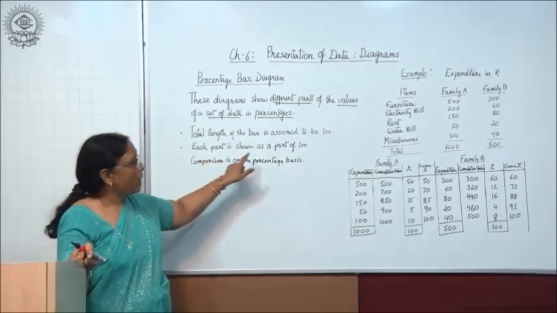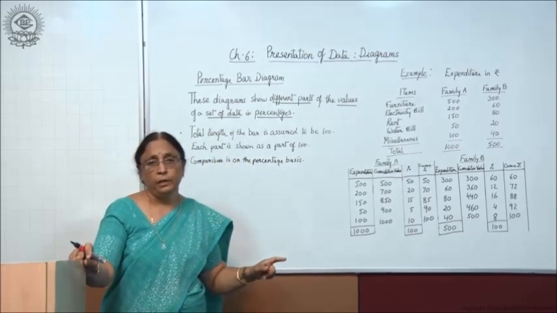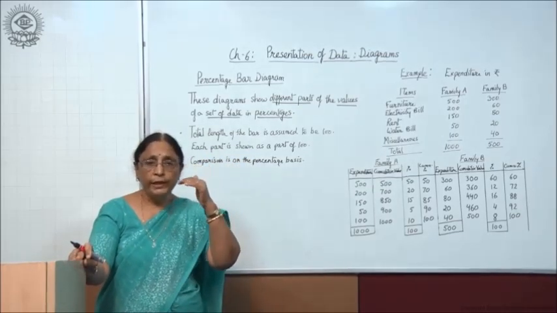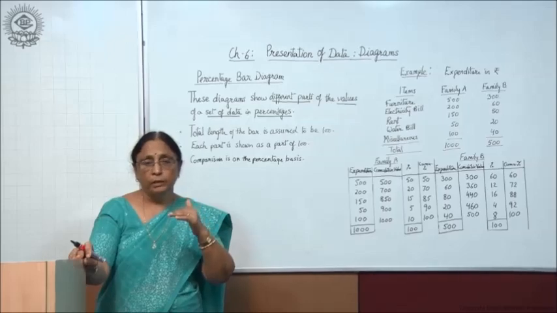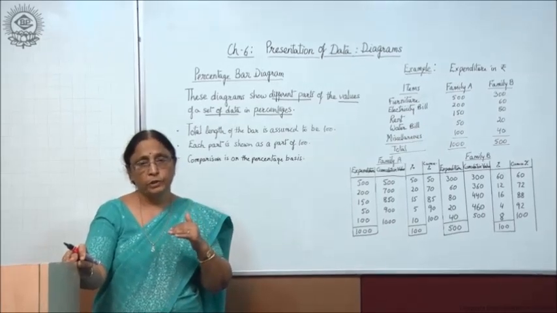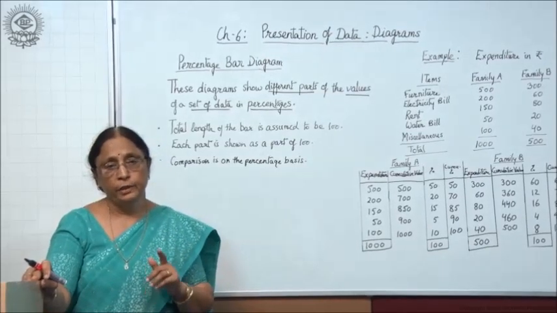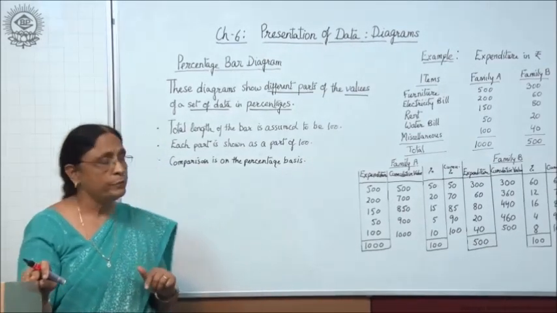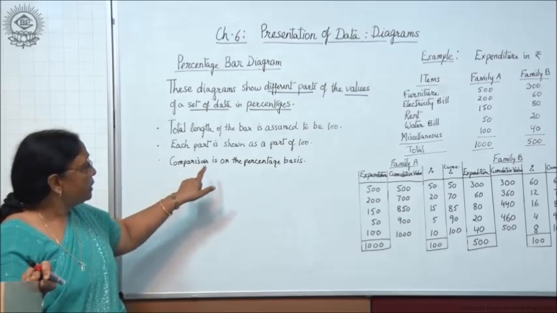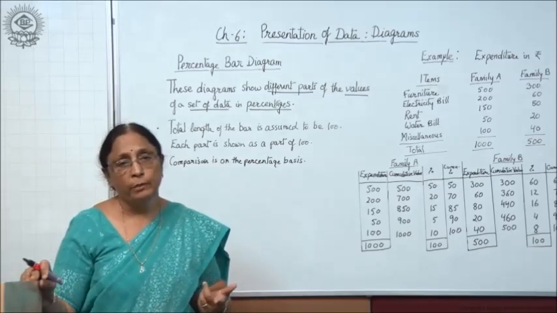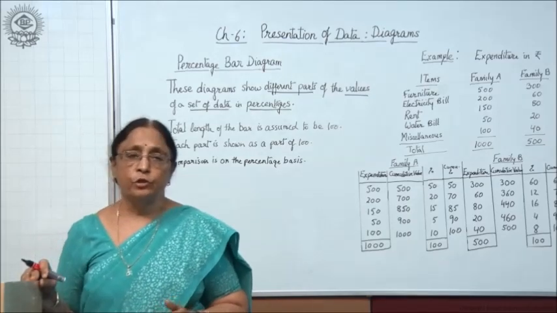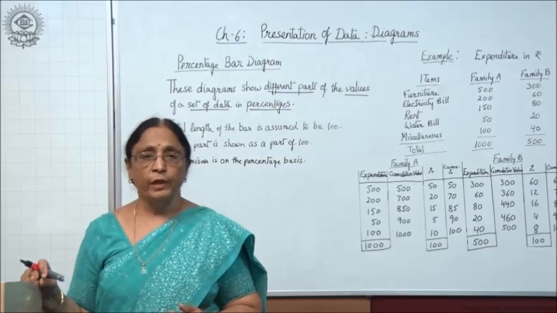Each part is shown as a part of 100. So when you are dividing the bar on the basis of the given values, each part will be a part of 100 because it is on the percentage basis. And comparison is again on the basis of percentage, not on the basis of absolute values as we have done earlier.